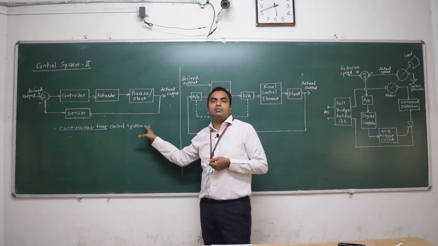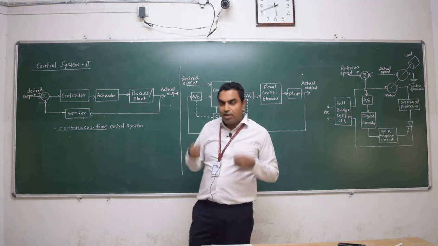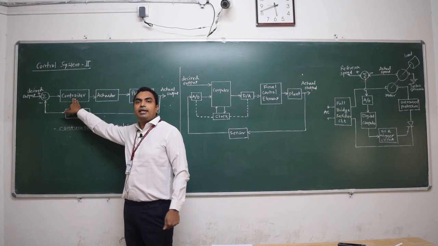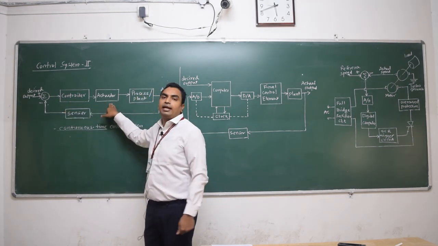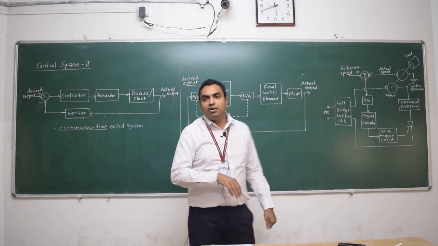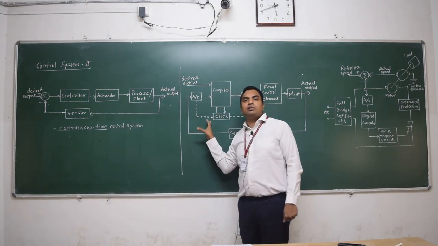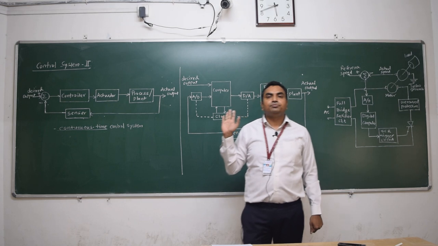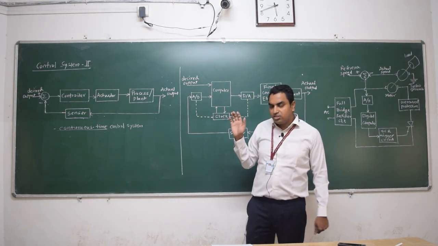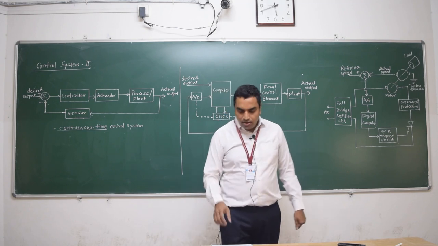In the earlier case, driving a car on my own, my brain was acting as the controller and my hands and legs as actuators, right? So that was a continuous time system. But when we talk about a digital control system, an autonomous vehicle or unmanned car, right now a lot of research is going on in developing unmanned vehicles.